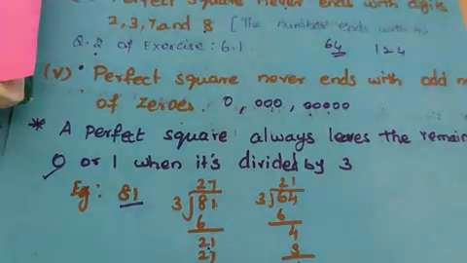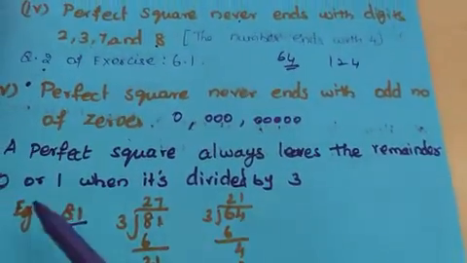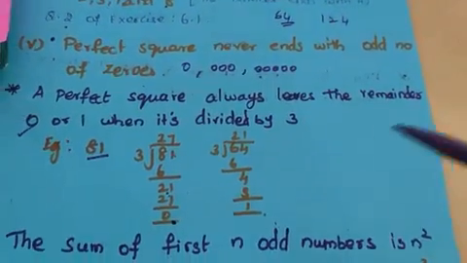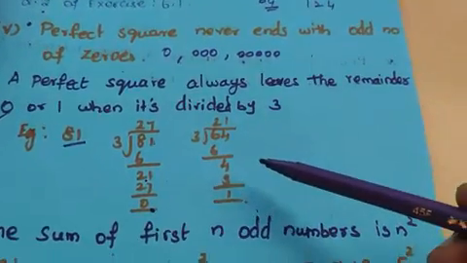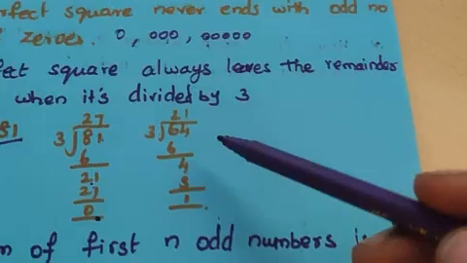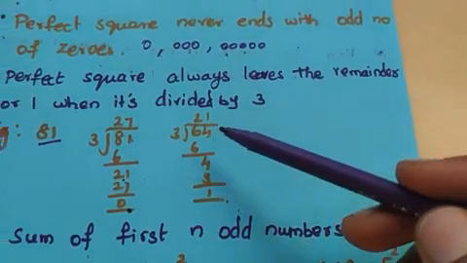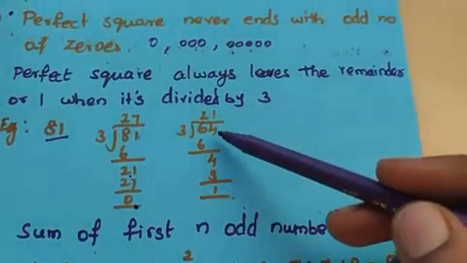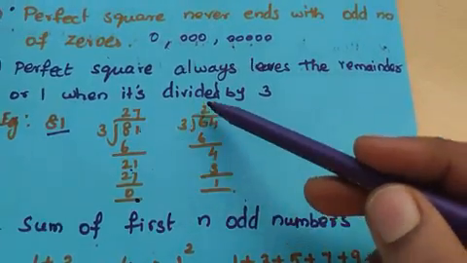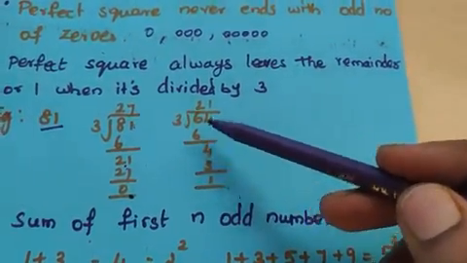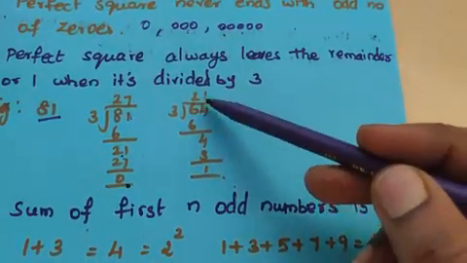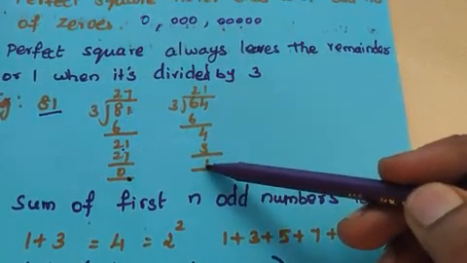So this first one is clear. Now the second part, it will leave remainder 1. So I am taking another even perfect square number, that is 64. When you divide 64 by 3, 2 3s are 6 and this 4 comes down, 1 3s are 3 and the remainder will be 1.